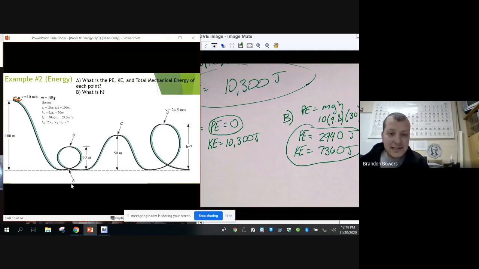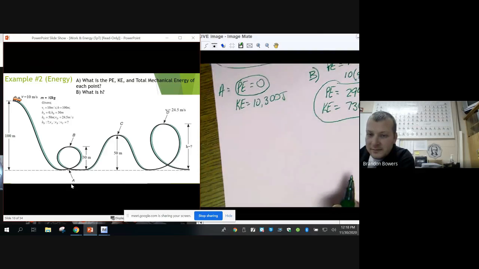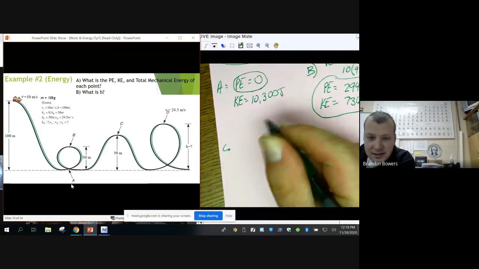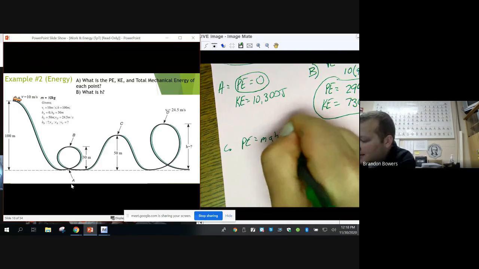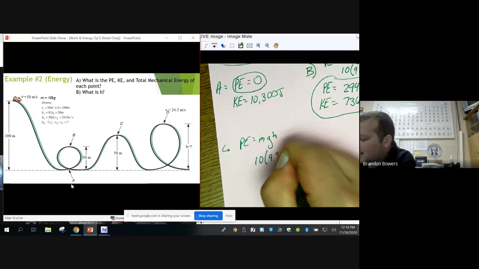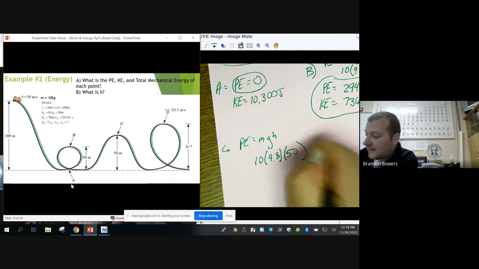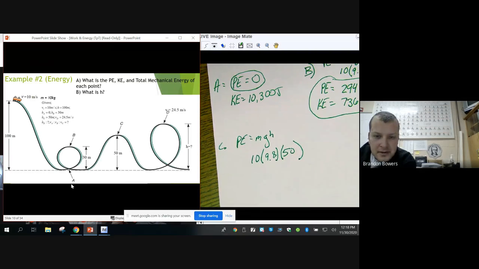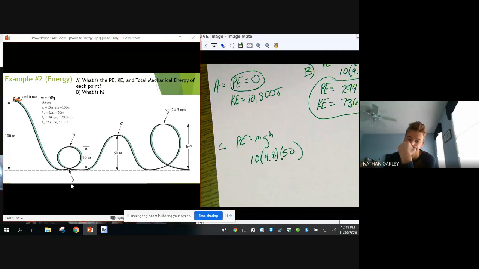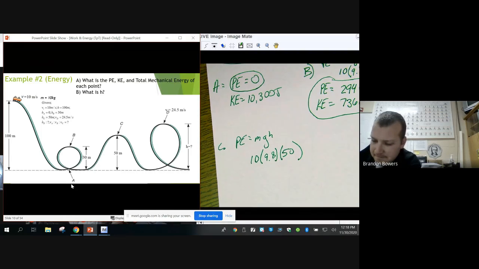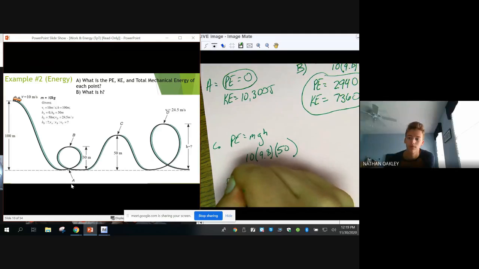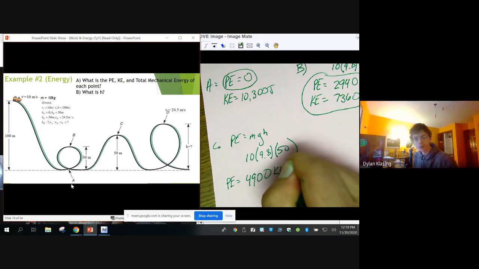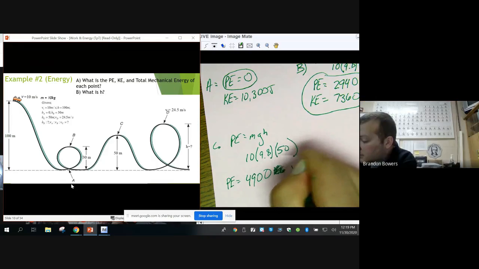Now, C. C is the same process. Hopefully we're starting to get the hang of it. Letter C: potential energy is equal to mass, gravity, height. Mass is 10, gravity is 9.8, and the height at location C is 50. What's our potential energy there? 4,900. I have a question.